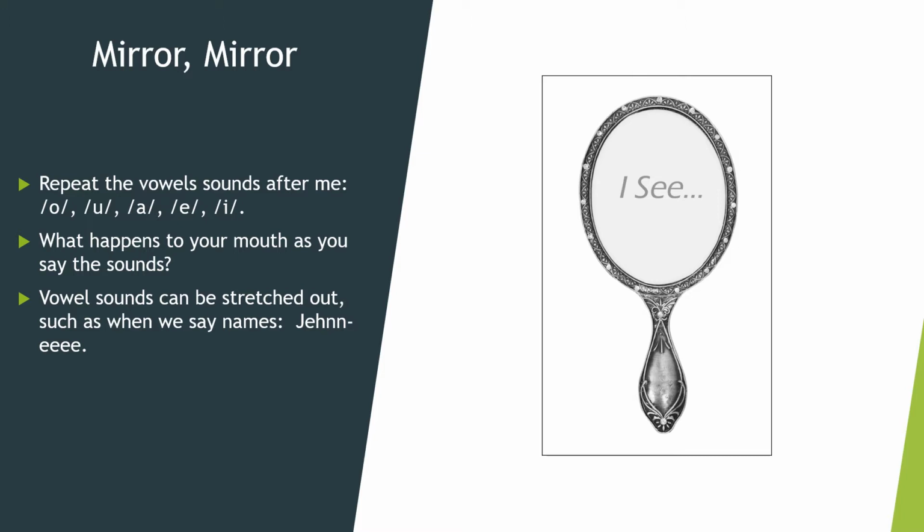Did you notice that your mouth opens as you say the sounds? Vowel sounds can be stretched out, such as when you say someone's name. Listen to this name. Jenny. Do you hear the E in Jenny's name?